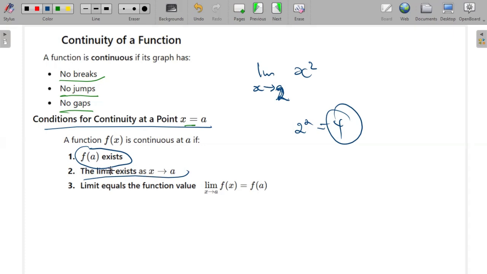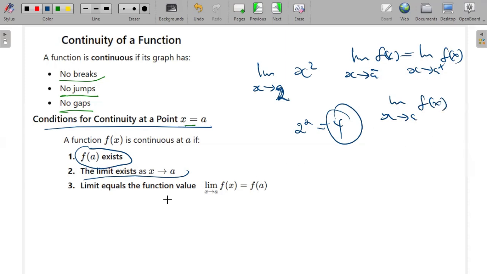If the left-sided limit and the right-sided limit exist and they are equal, then the limit does exist. So as we said, if the limit as we approach a from the left side of the function is equal to the limit as we approach from the right side, then the limit as we approach a of f of x exists.